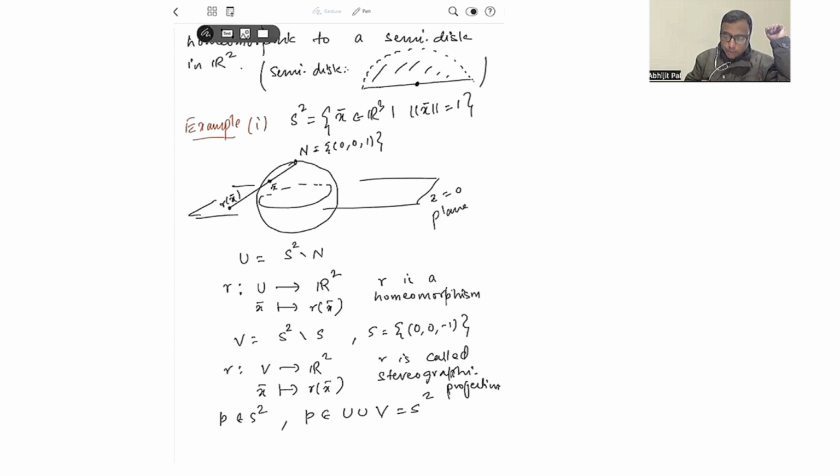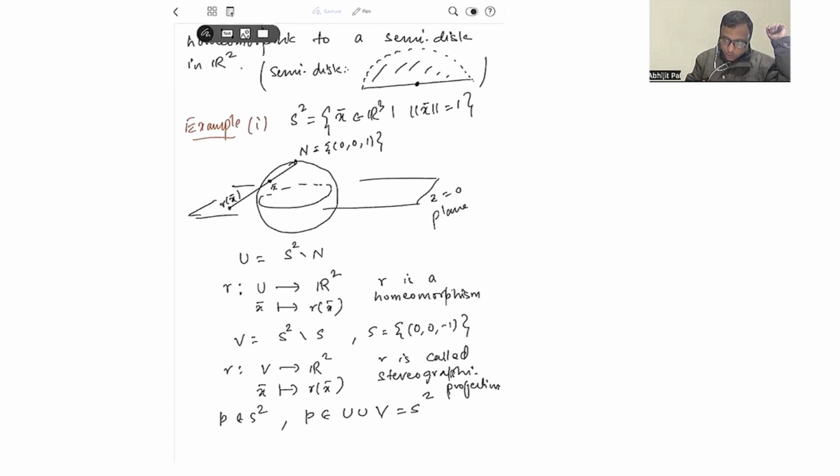What is the stereographic projection? You take x bar to be a point in U, and you take a straight line starting from N. The straight line passes through x bar, and it will intersect the plane z equals 0 at some point.